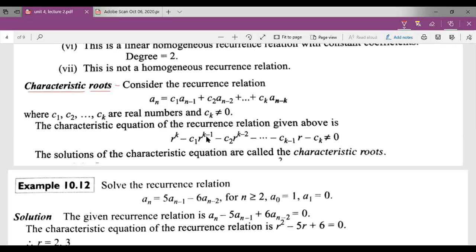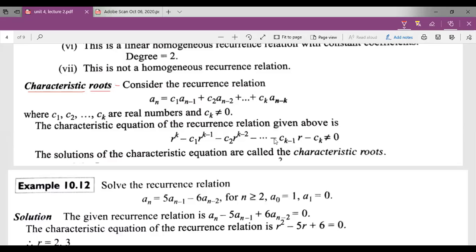In another way, to write the characteristic equation, first we find the degree of the given recurrence relation. Here the degree of the recurrence relation is k. So in place of the highest term a_n, we write r^k. In place of a_(n-1), r^(k-1). a_(n-2), r^(k-2), and so on.